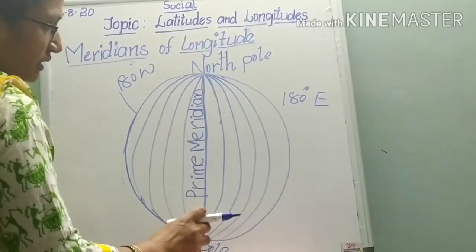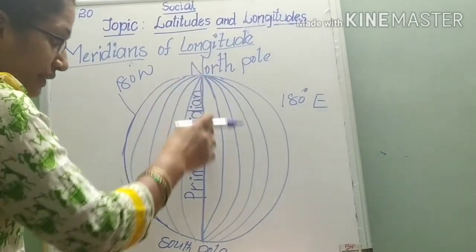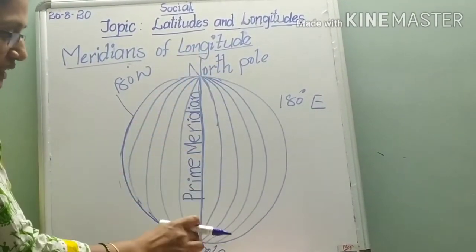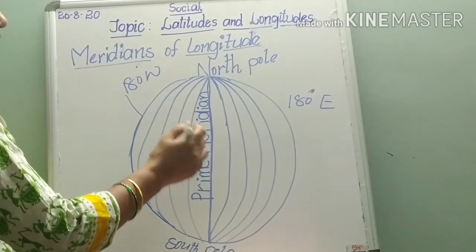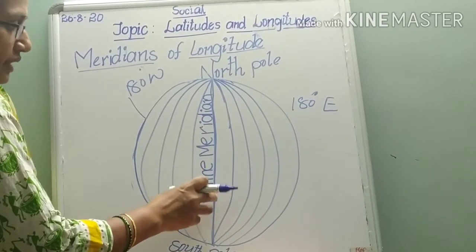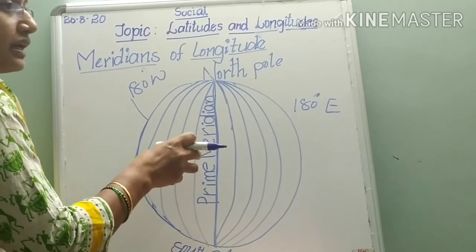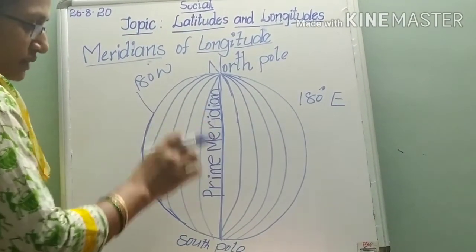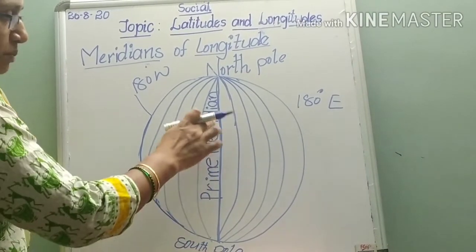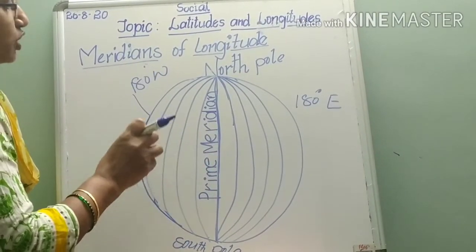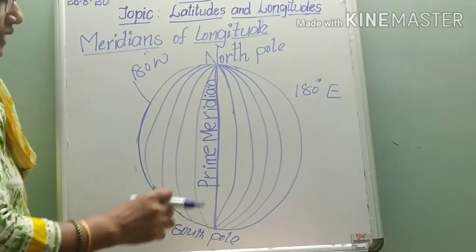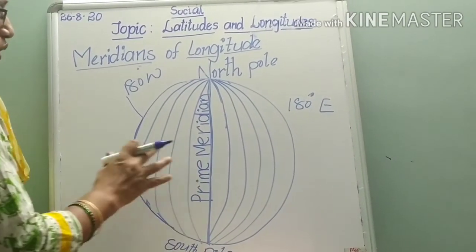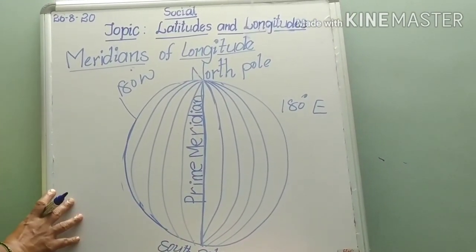How does it divide? Vertically. The prime meridian runs through the village of Greenwich in London. Because of that we call it the Greenwich meridian, or the 0 degree longitude. So this is about longitudes.